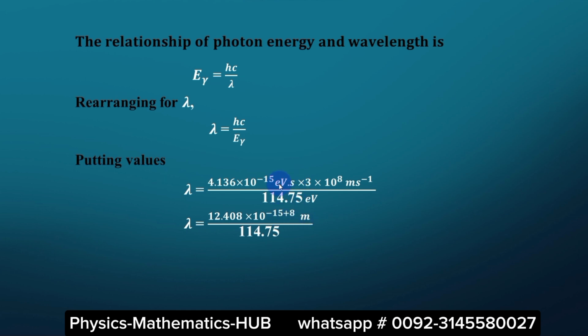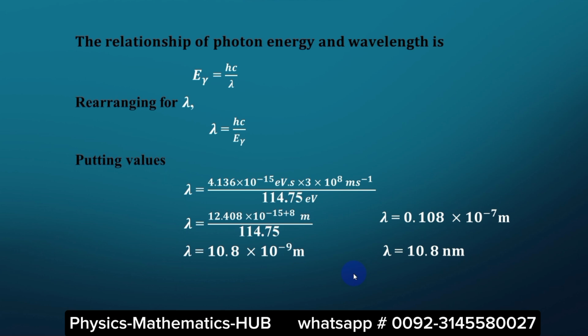As electron volt cancels with electron volt, second with per second, we get only meter. In terms of nanometer, we can write this as lambda is equal to 10.8 multiplied by 10 to the power minus 9 meters. Using the prefix, lambda is equal to 10.8 nanometer. Thus, the wavelength of the photon is 10.8 nanometers.